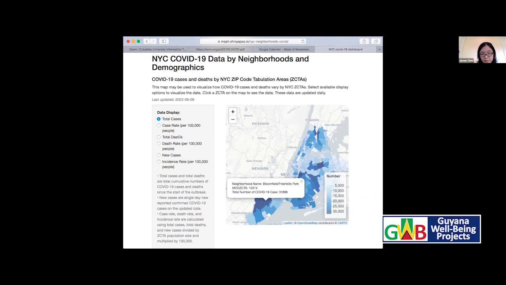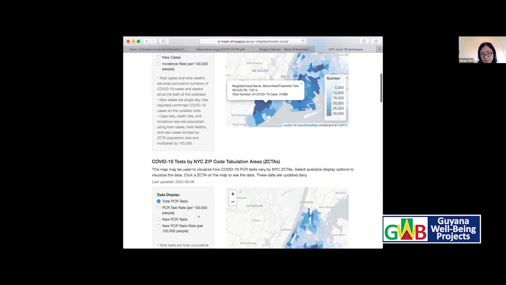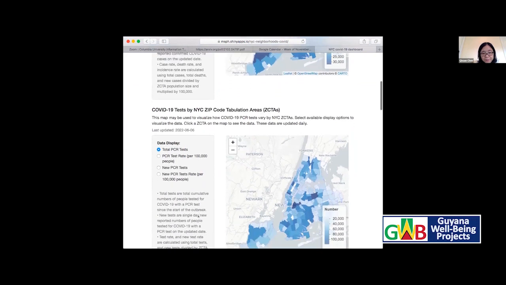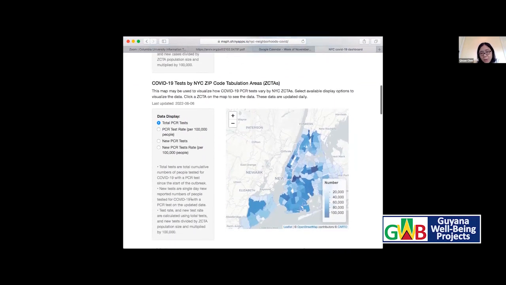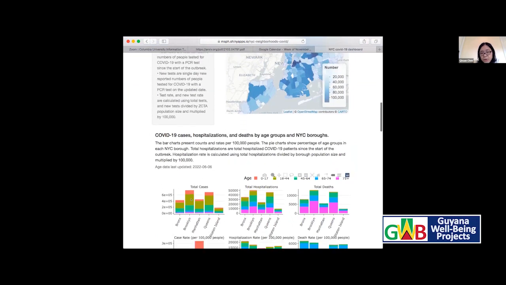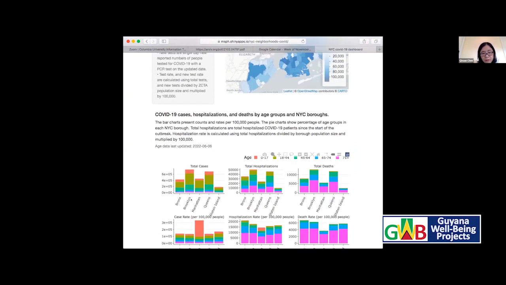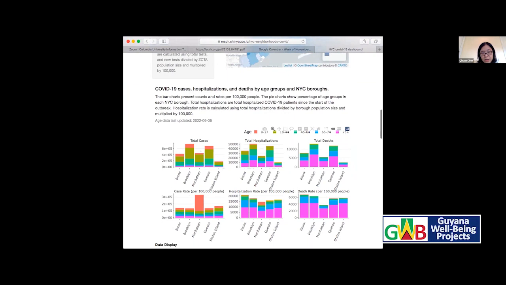You can do the same for the total number of tests. We also show the distribution of the cumulative information for the different boroughs. In New York City, we have 5 boroughs. I will also talk in my study about the comparison of 2 waves.